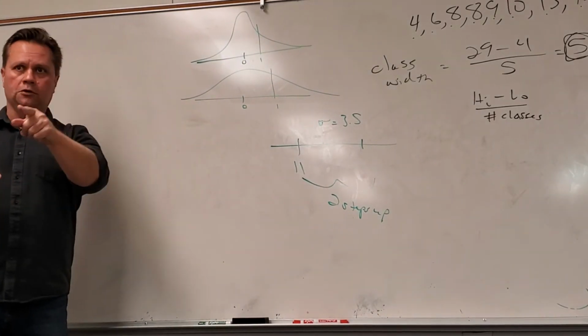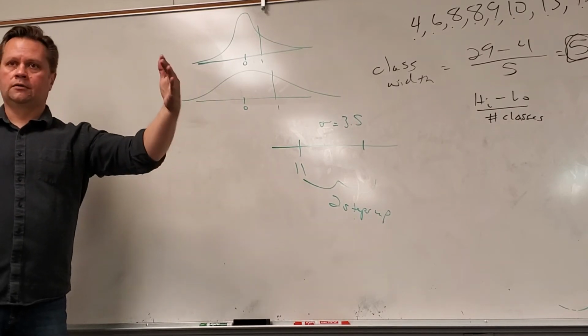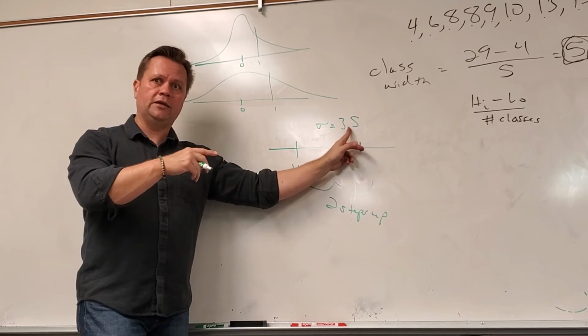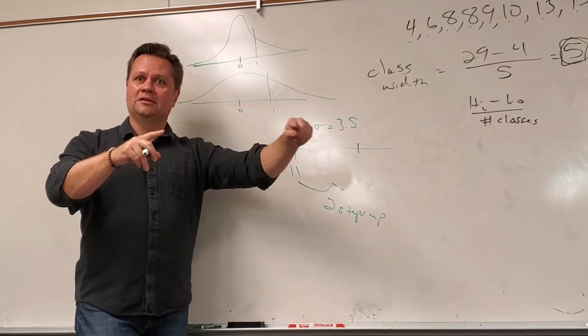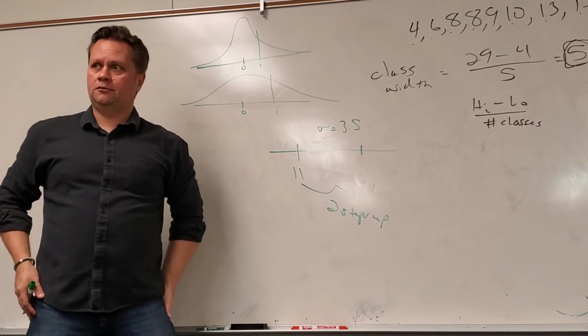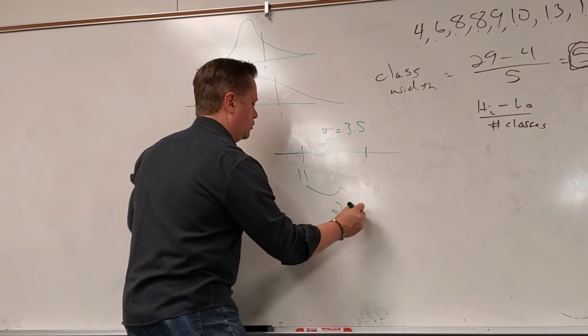Two steps up is how far? Two of these, 3.5 times 2. It's 7. What's two of these? 7, right? So let me make this a little more like two standard deviations.